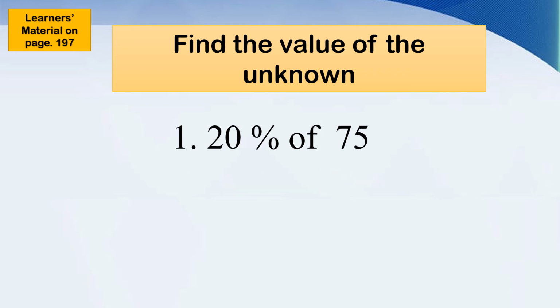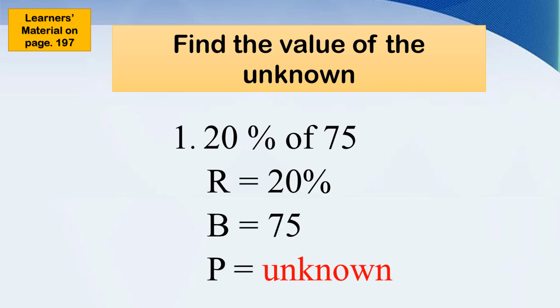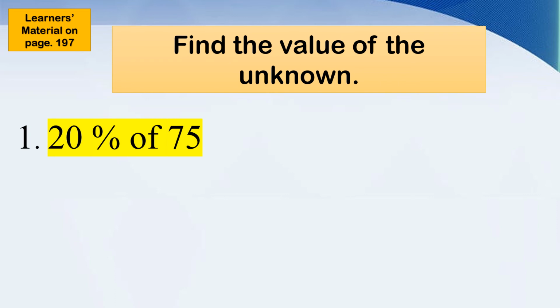Let us answer number 1, 20% of 75. What are the given? R is equal to 20%, B is equal to 75, P is equal to the unknown. We should change the rate first to decimal before we apply the formula.